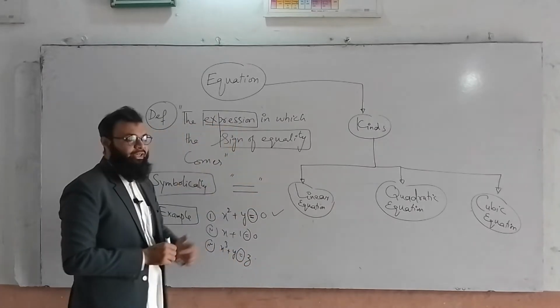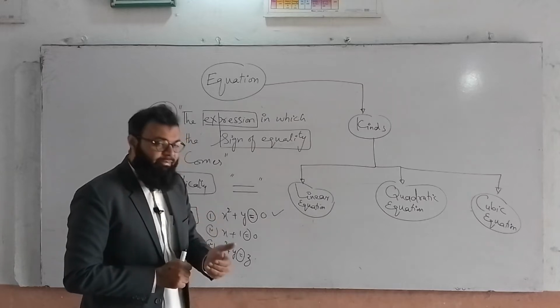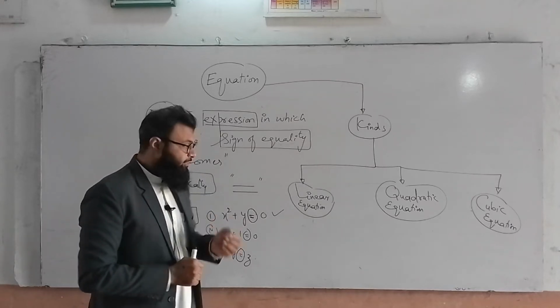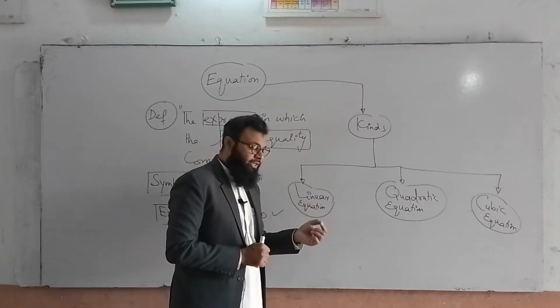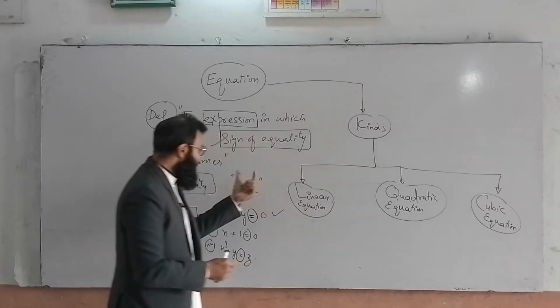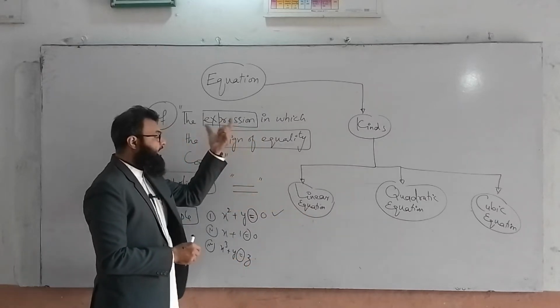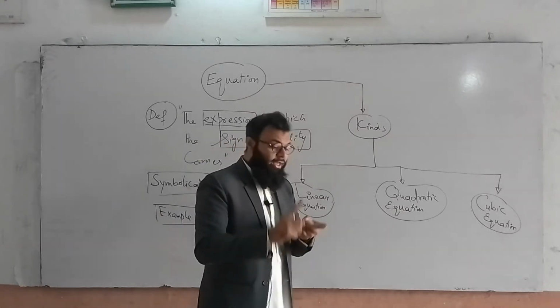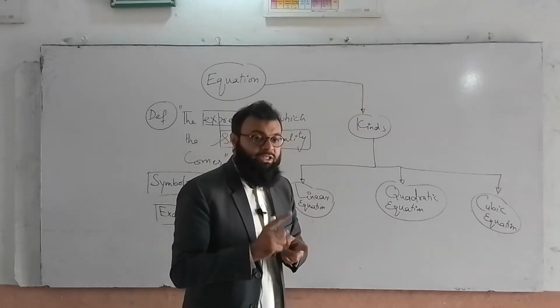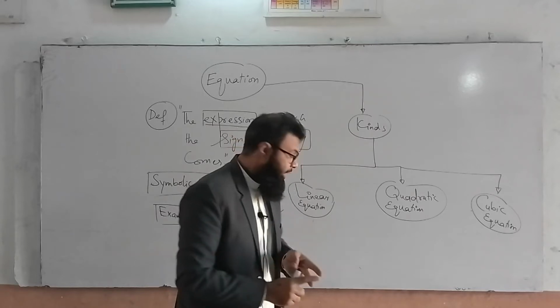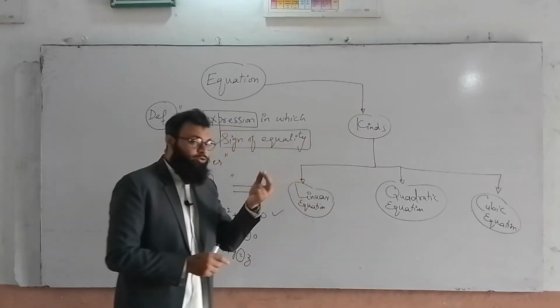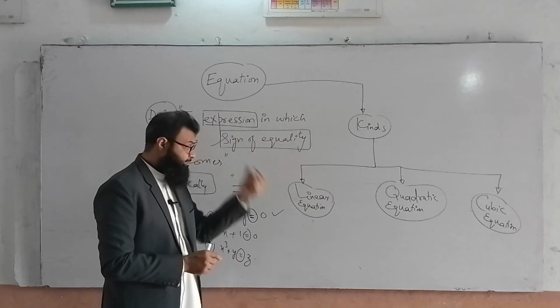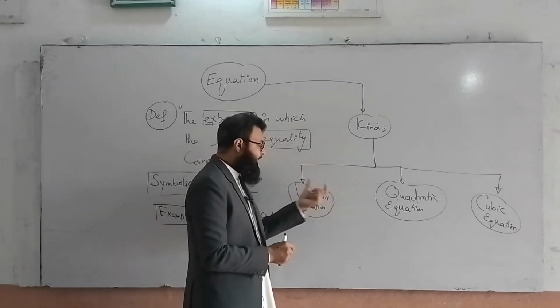What is expression? Expression is the statement of mathematics. If in the statement of mathematics the sign of equality comes, we can call it an equation. This is the first step. You can check it in any statement. And the second one is the highest power of the variable. So on the basis of these two points, we classify the equation into three categories.